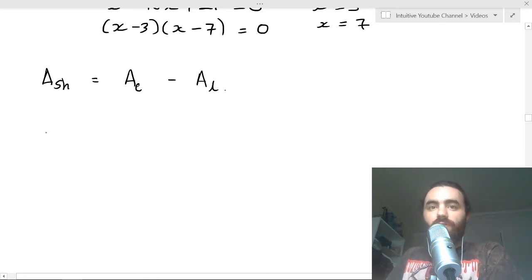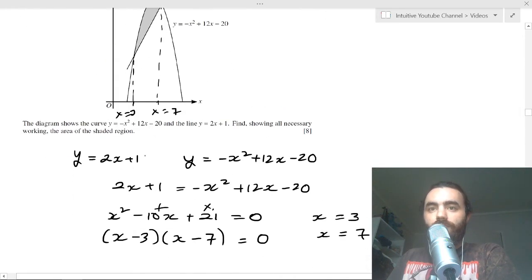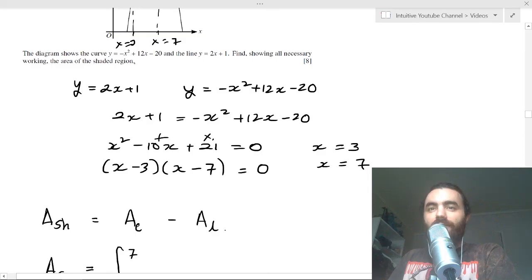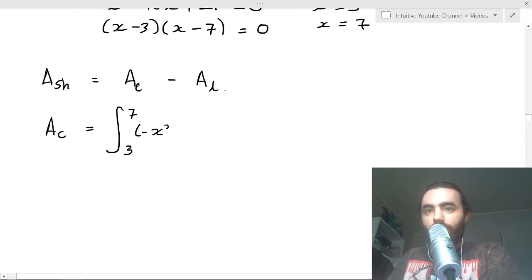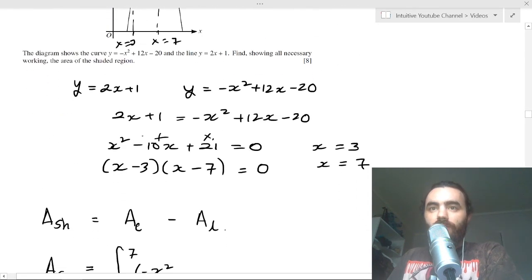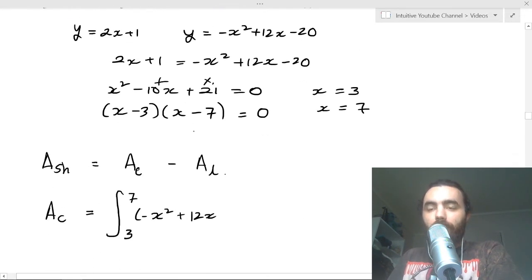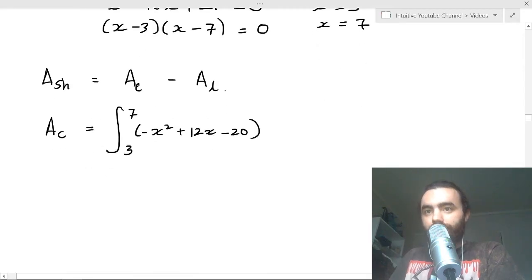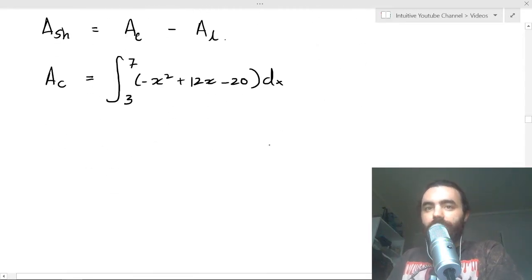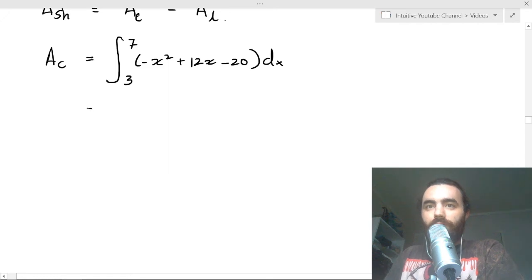So we find these individually. So the area under the curve is going to equal the integral between 7 and 3 of this curve. So for the curve, which is minus x squared plus 12x minus 20 dx, we can figure this out.